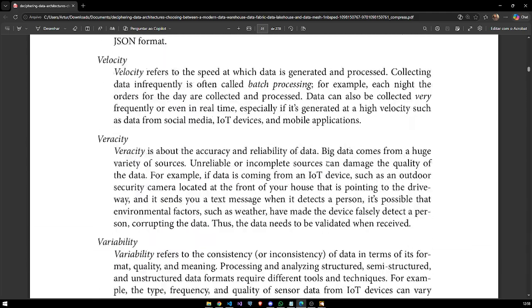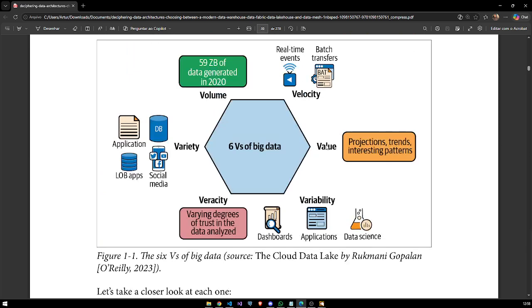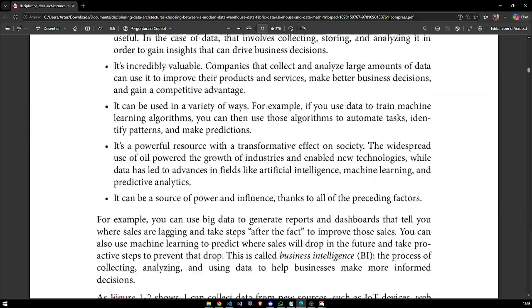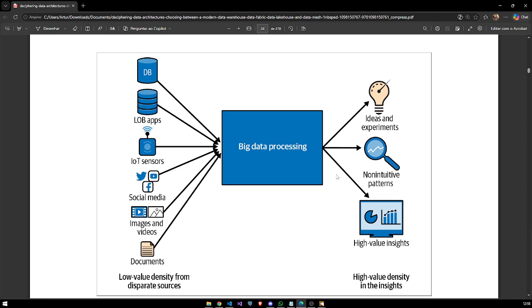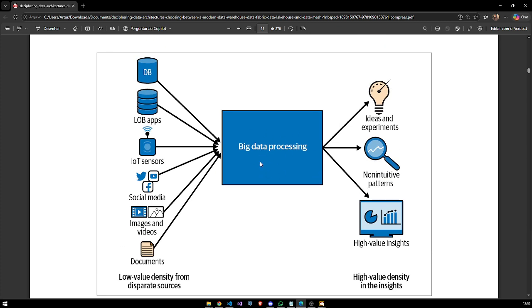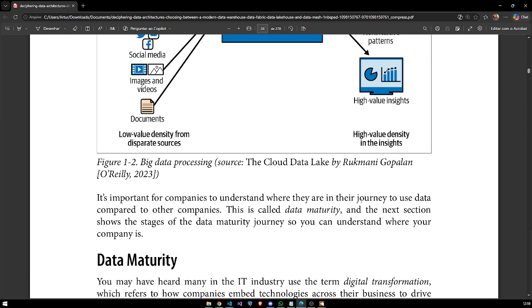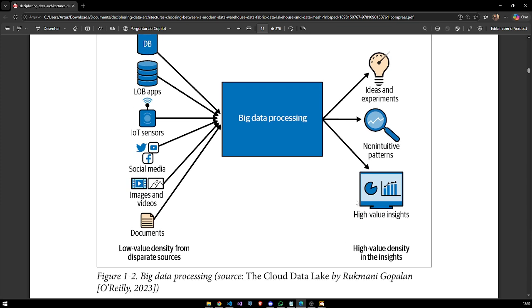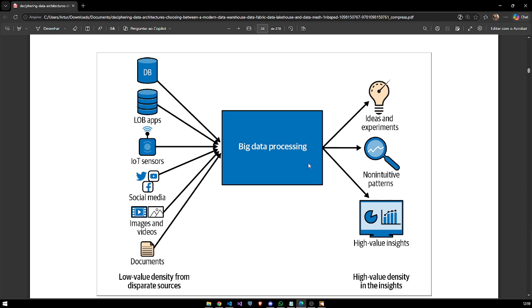That's the main focus of this processed data: to generate value for someone. That's what we use the 6 V's of data for. All of it is about generating value that can be consumed by data scientists, stakeholders, business people, and machine learning and AI engineers, and that's how it works.